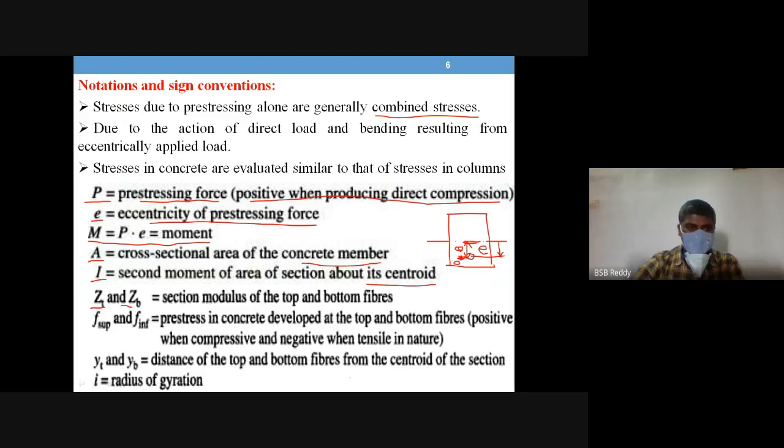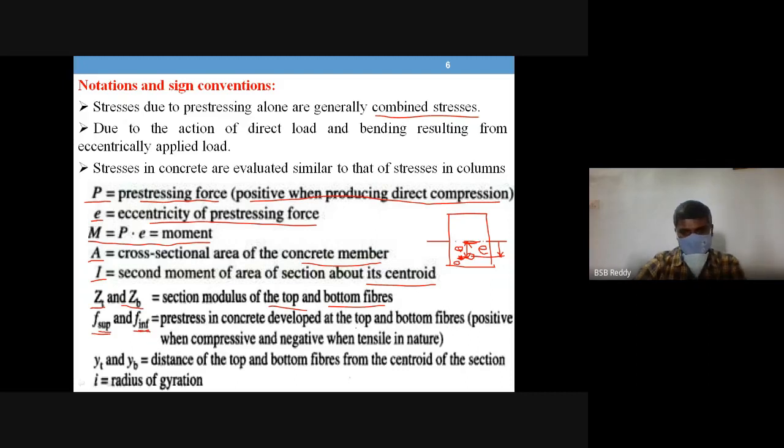Z_T and Z_B are the section modulus values for the top and bottom fibers. F superior and F inferior are the notations we are following from your prescribed textbook by N. Krishnaraju. Superior means top, inferior means bottom.